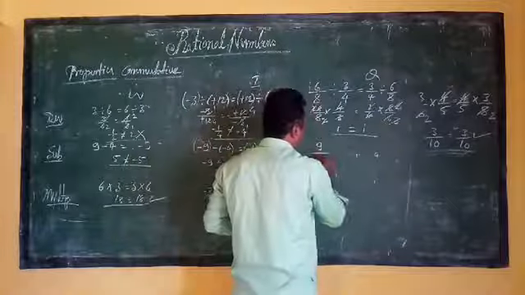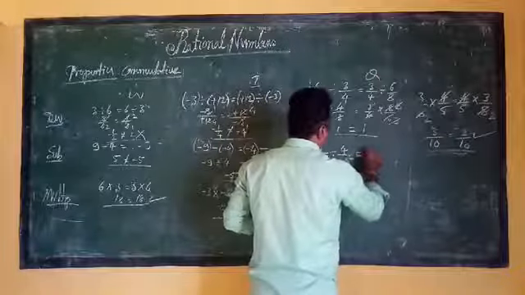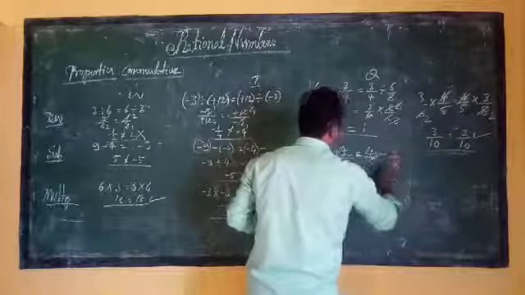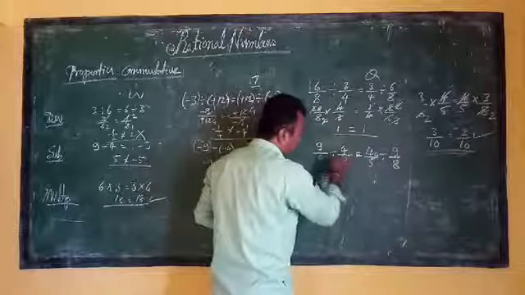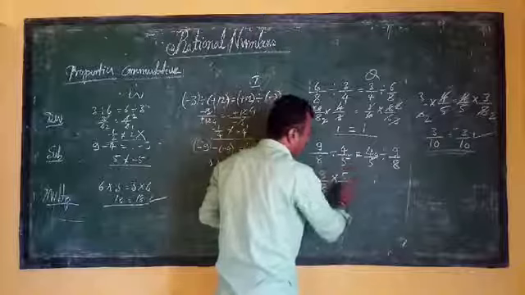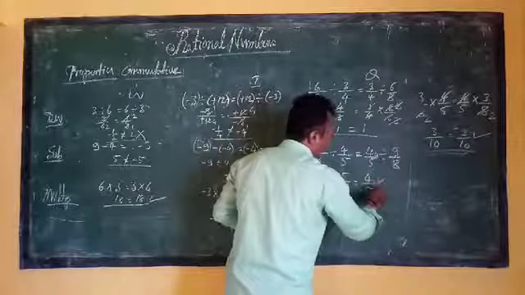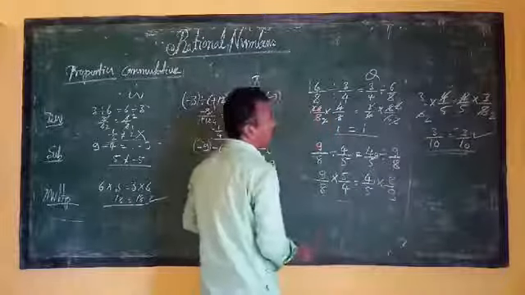9 by 8 divided by 4 by 5 is compared with 4 by 5 divided by 9 by 8. See, students, 9 by 8 as it is, divided by 4 by 5 becomes into 5 by 4. And 4 by 5 as it is, divided by 9 by 8 becomes into 8 by 9.